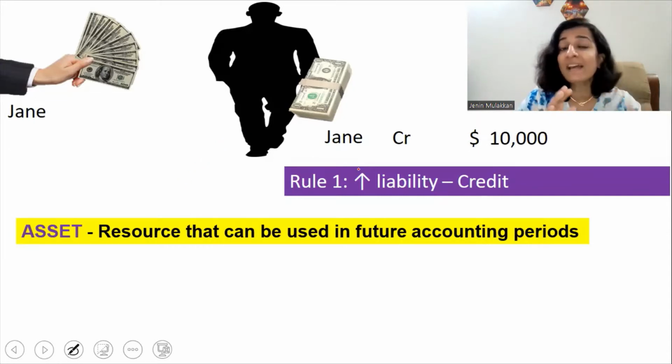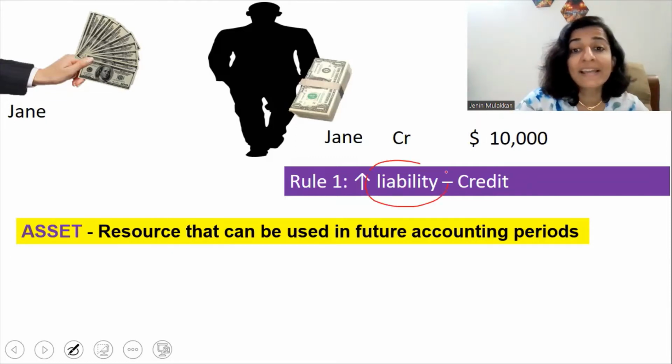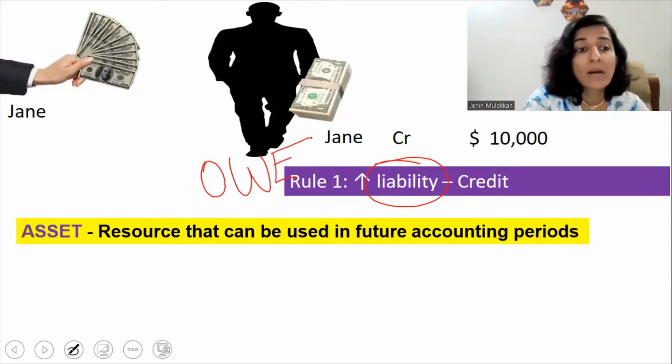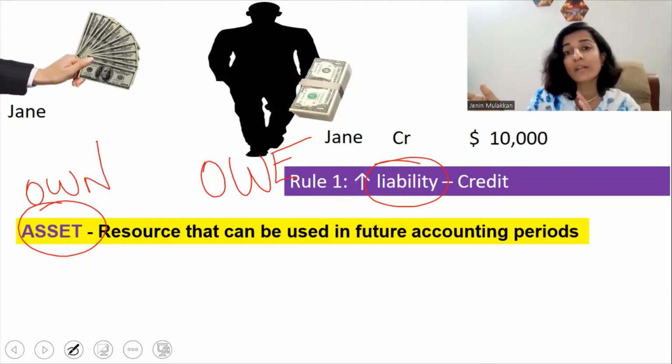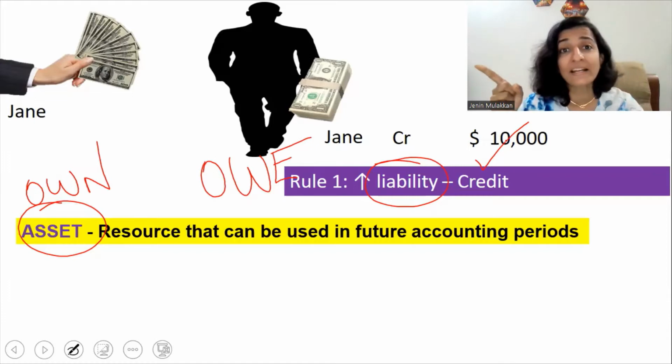Now, asset and liability are exactly opposite in meaning. Liability is what we owe to a person, but asset is something that we own and which can be used in future accounting periods. So if liability has to be credited, then we have to do exactly the opposite with an asset, right? And the word associated with an asset is debit.